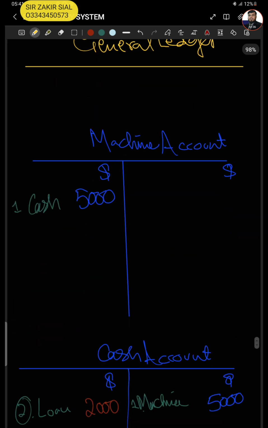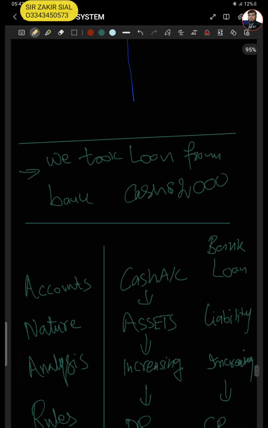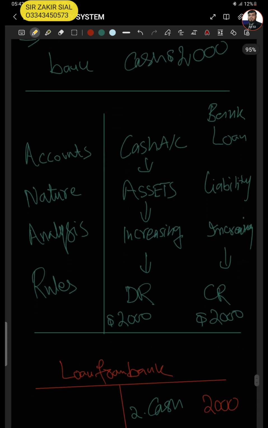The same transaction we recorded in the accounts. Machine account 5,000 debit side, cash account 5,000 credit side. Then we pass the second transaction. We took a loan from the bank, cash 2,000. So here again we processed: cash asset increasing, we write on the debit side.